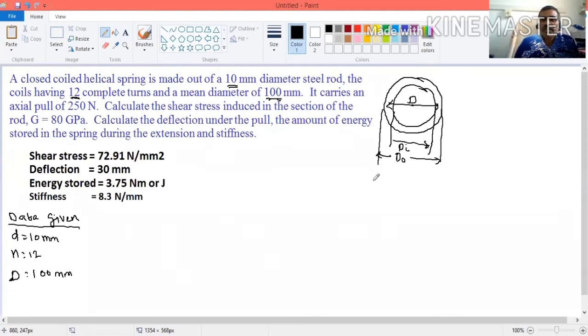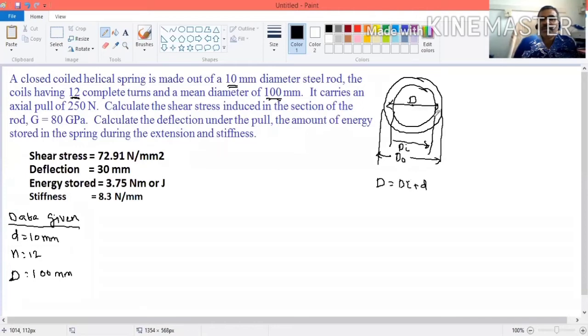So now the relations are, for example, if you want the relation between Di, D naught and D: the inner diameter plus d will be the mean diameter.